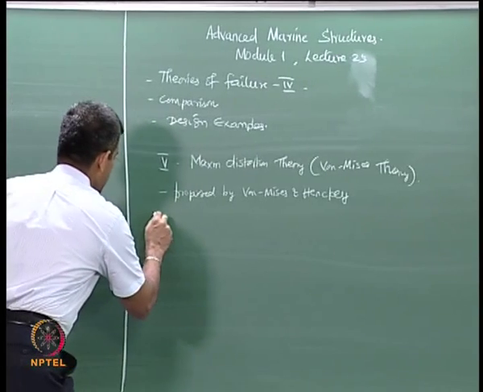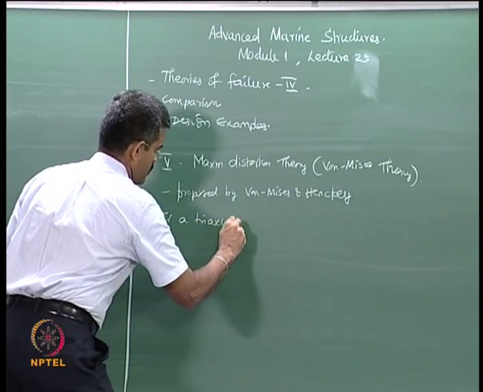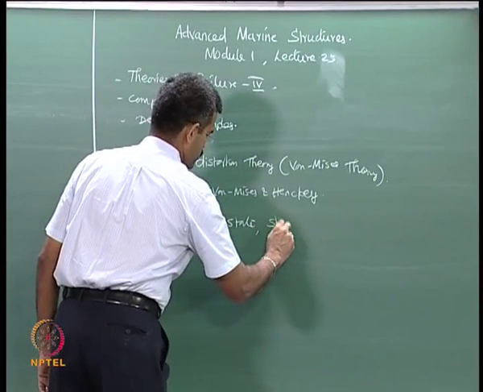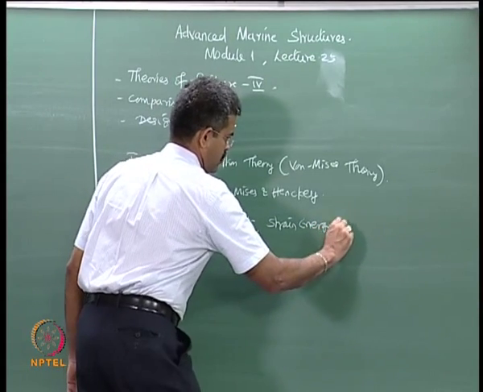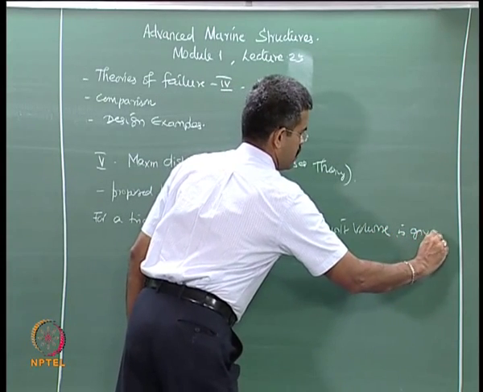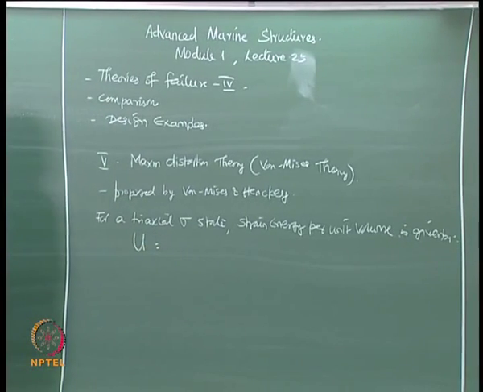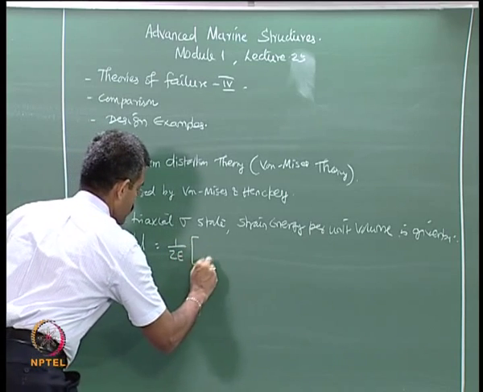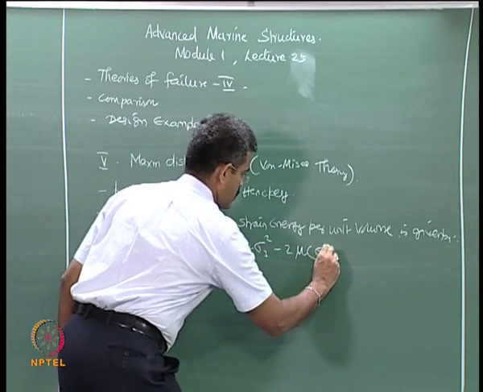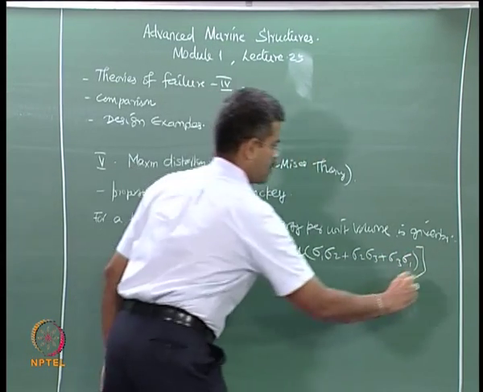We already said for a triaxial stress state, the strain energy per unit volume absorbed by the body is given by equation 1.